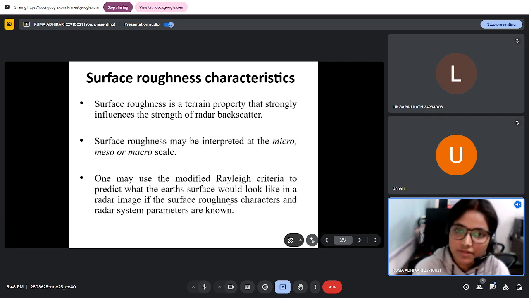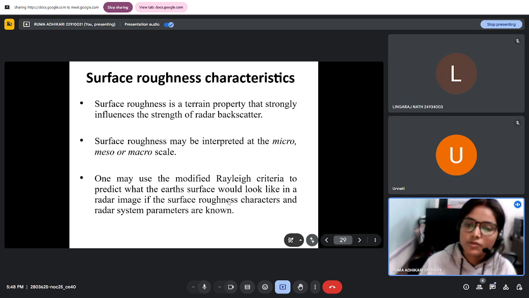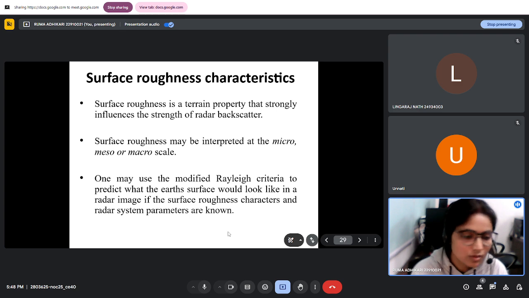Surface roughness is a terrain property that strongly influences the strength of radar backscatter. Surface roughness may be interpreted at the micro, meso, or macro scale. One may use the modified Rayleigh criteria to predict what the Earth's surface would look like in a radar image if the surface roughness characteristics and radar system parameters are known. That is also a backward simulation, you can say.